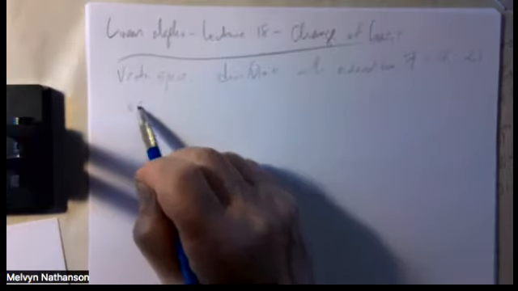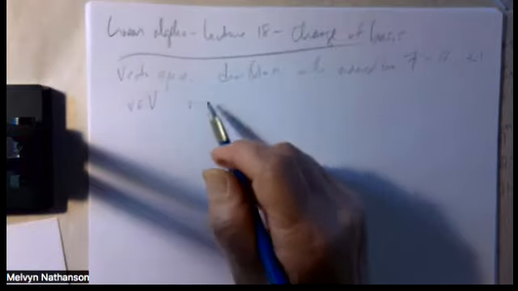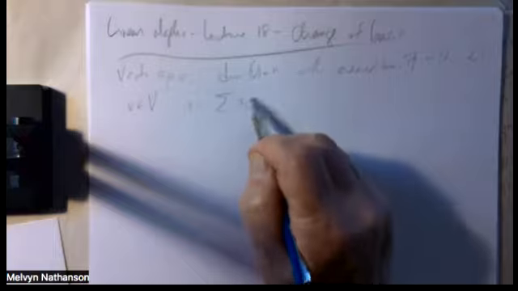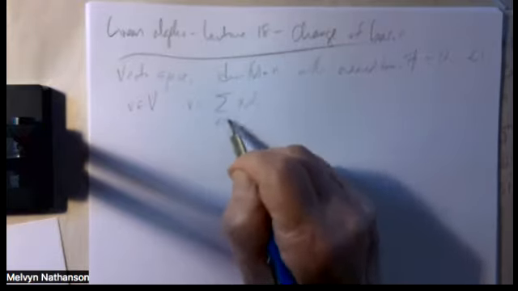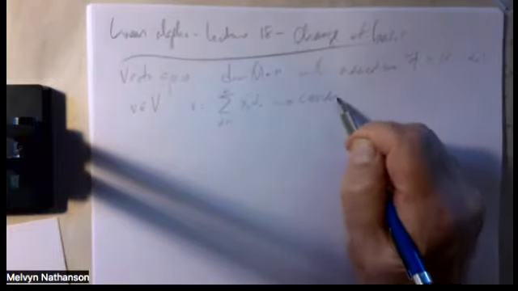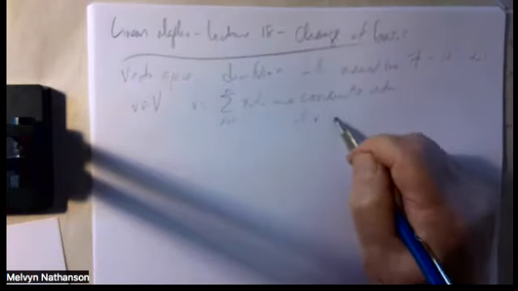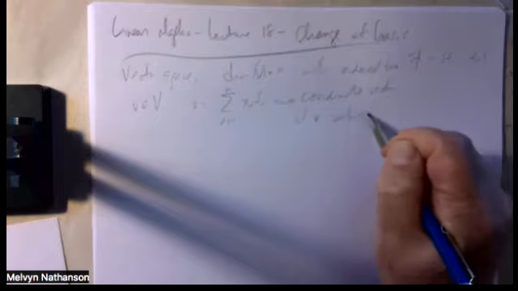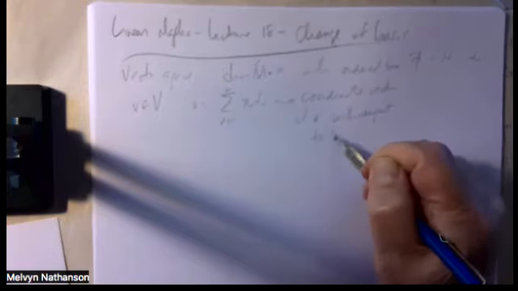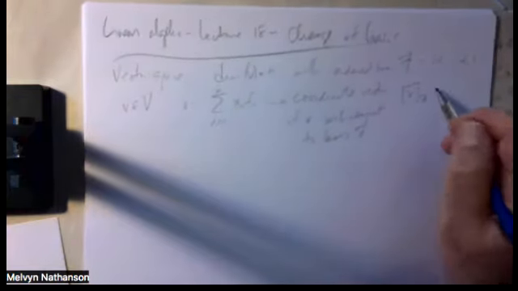And if you take any vector v in the vector space, capital V, you can write v as some unique linear combination of these basis vectors. And what is called the coordinate vector of v with respect to the basis script F, I write v in square brackets with an F around it.